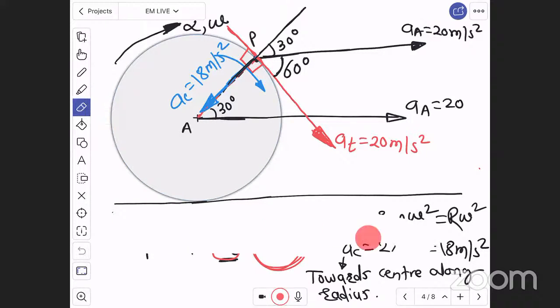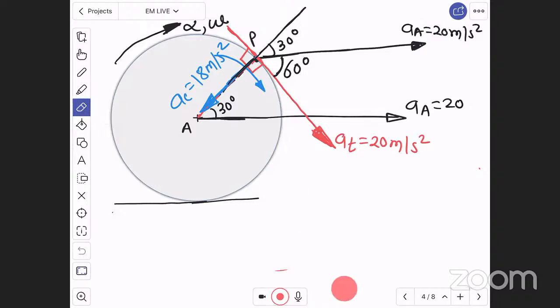Let us solve it. Let us consider point P. For this point P, there is an acceleration of A going towards right of 20 magnitude.